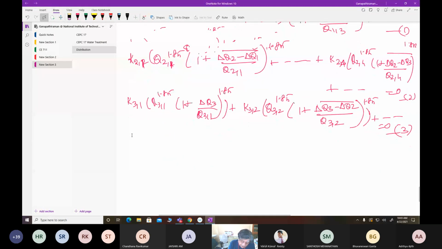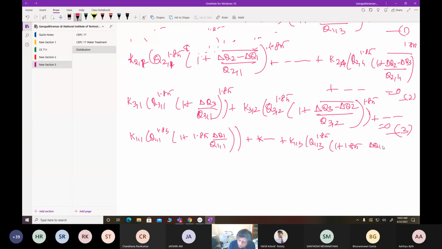So I will just expand that: K11 Q11 to power 1.85 into 1 plus 1.85 delta Q1 by Q11, plus K12 and so on, plus K13 Q13 to power 1.85 into 1 plus 1.85 delta Q1 minus delta Q2 by Q13, plus this thing equal to 0. This is equation number 1.